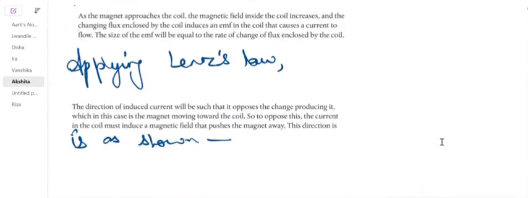Understood? Now after this we are having coil entering and leaving the magnetic field. Just listen over here.